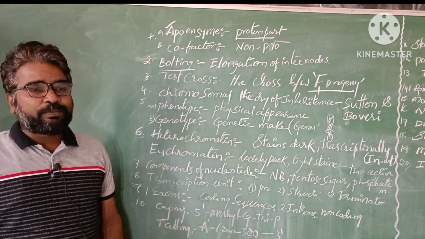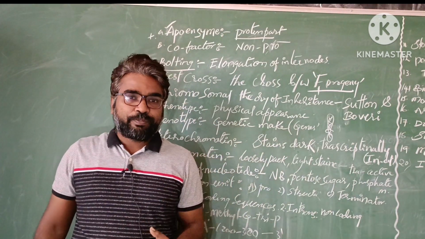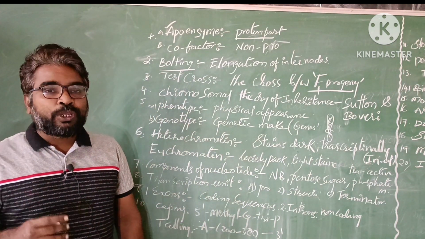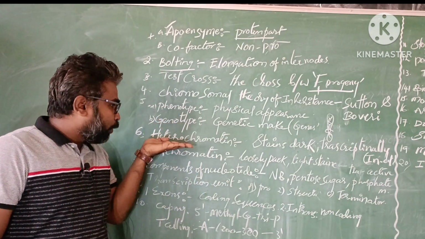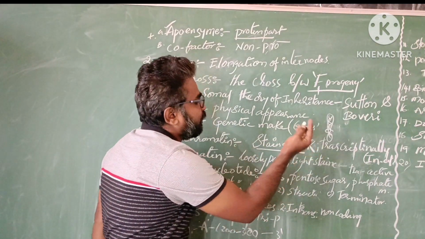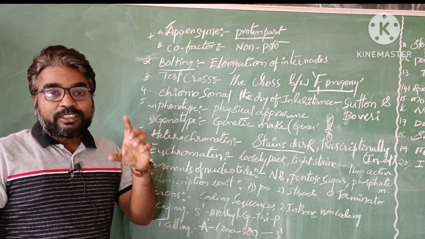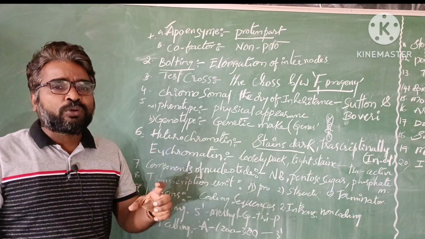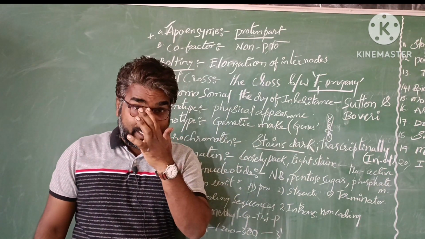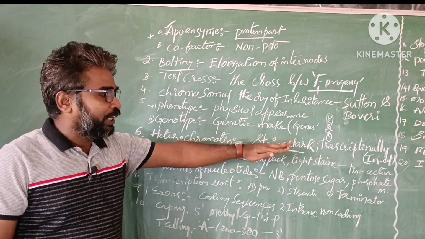That chromatin, when we stain it, takes up more stain, and we call it heterochromatin, which stains darkly. Because there is thick chromatin, it leads to more staining.